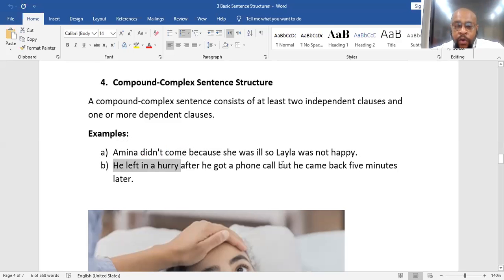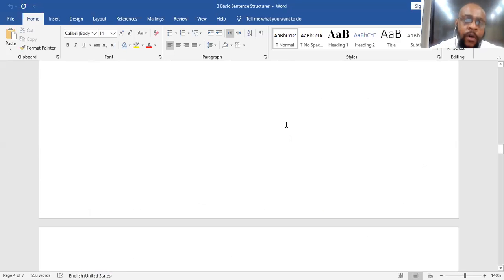After he got the call, there you have that subordinating conjunction. After he got the call, but he came back 5 minutes later, right? So you do see there that you have all your different parts, at least two independent clauses, and then one dependent clause.